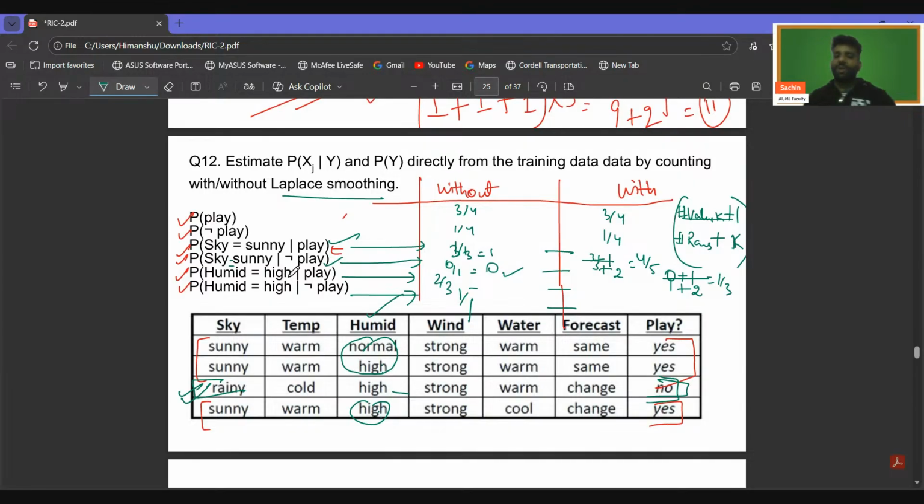What about this one? Humid equals high for both the cases. So we already have the values. In the denominator we need to add something, and in the numerator we need to add something. For this one also, 1 upon 1 plus something plus something. What are the different values of humidity we are having? 2 only. So 1 and 2, 1 and 2. What is it going to be? 3 by 5. What is this going to be? 2 by 3. I hope you could understand how we are calculating. It is very important.